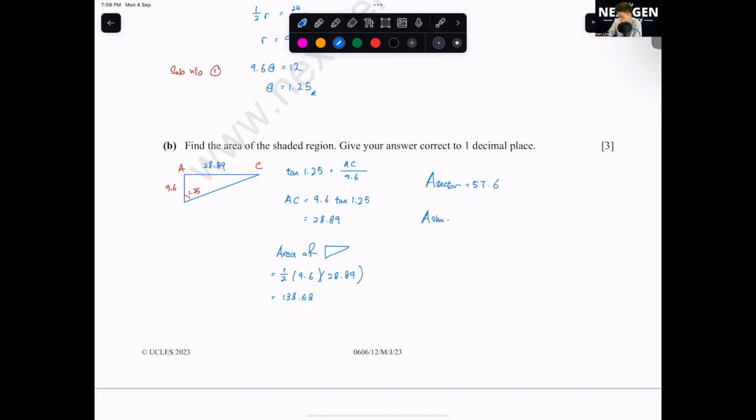So the area of the shaded region, we'll take the triangle 138.68 minus 57.6, which is equals to 81.1. Okay, lovely. Okay, so far? Okay, starting here, all still easy.